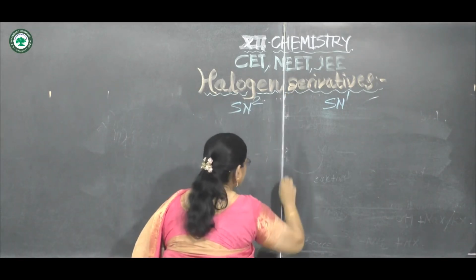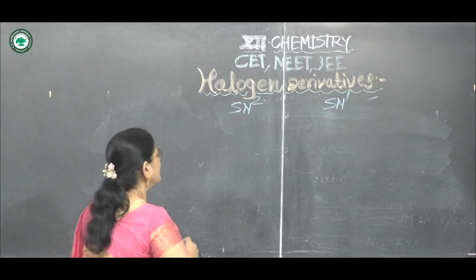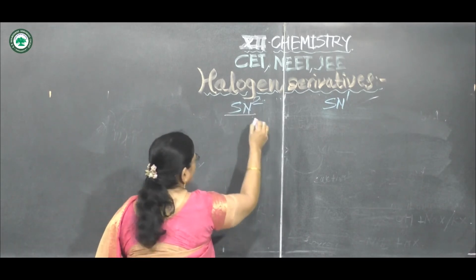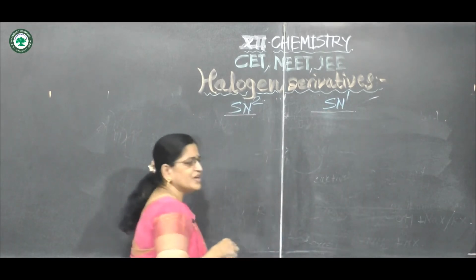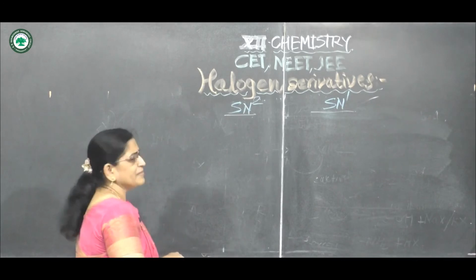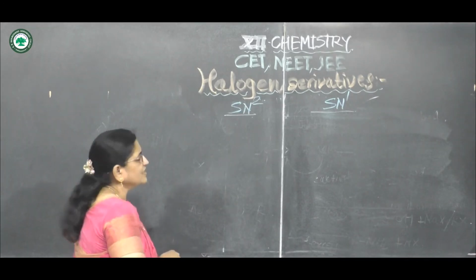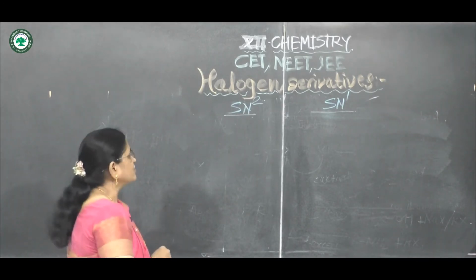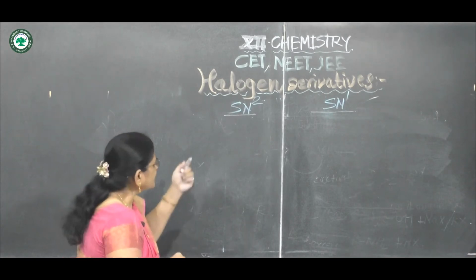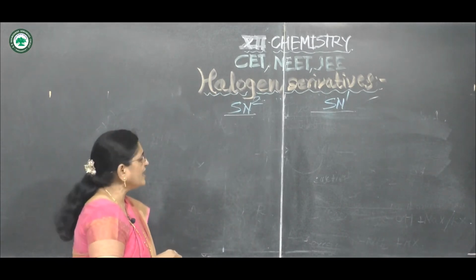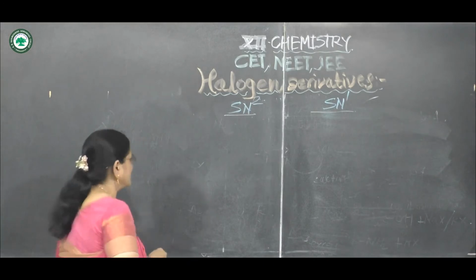Examples of these two types: first SN2 reaction mechanism, and second SN1 reaction mechanism. Then what is the difference between SN2 and SN1 reaction mechanism?